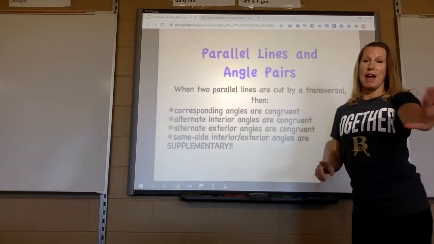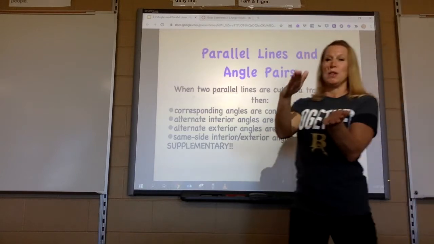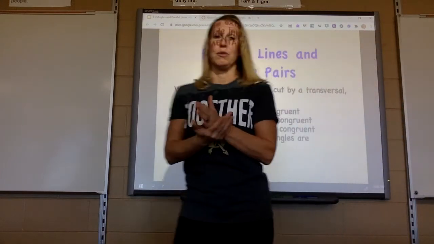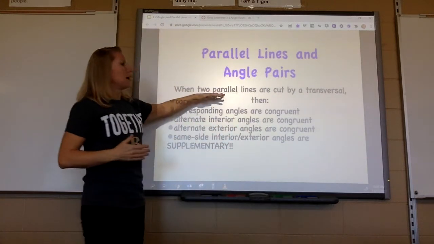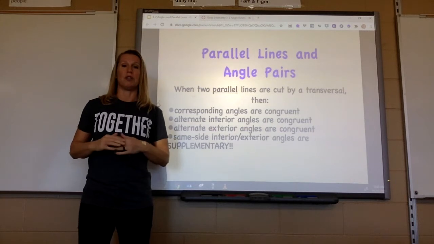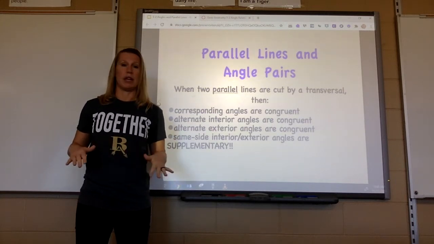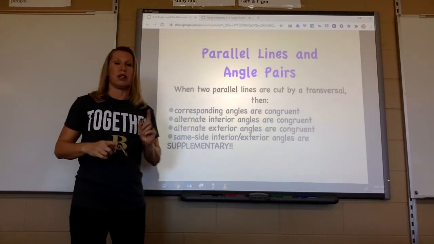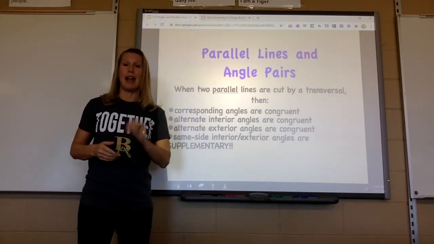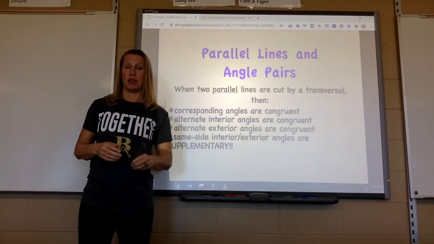The one thing that I'm adding today: if those two lines happen to be parallel to each other, when two parallel lines are cut by a transversal, corresponding angles are always congruent. Corresponding angles, congruent. Alternate interior angles, always congruent. Alternate exterior angles, always congruent.